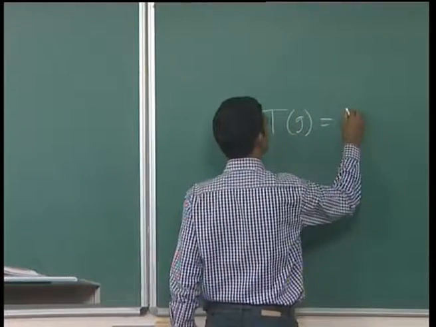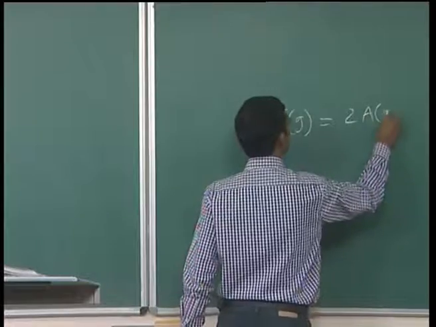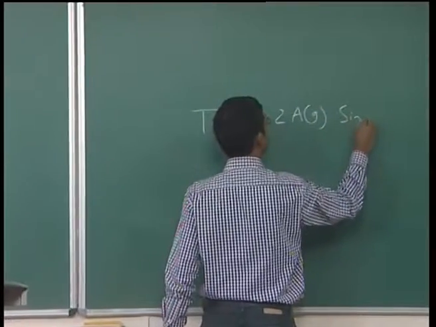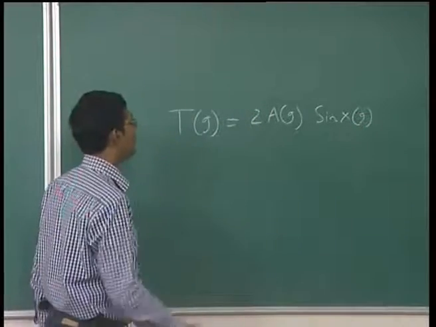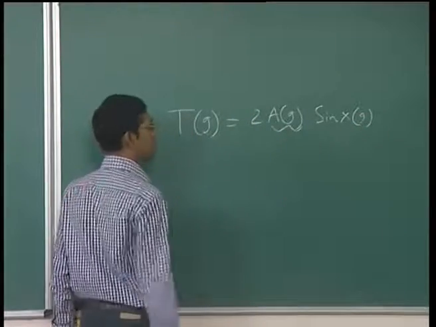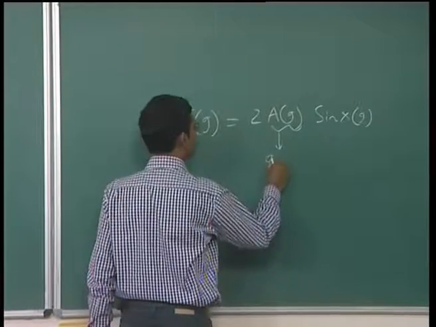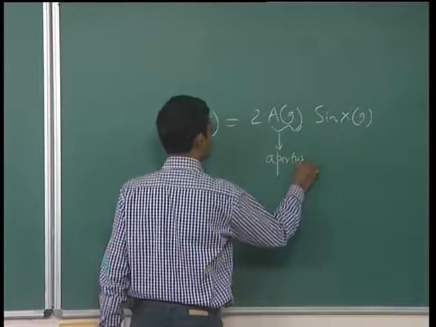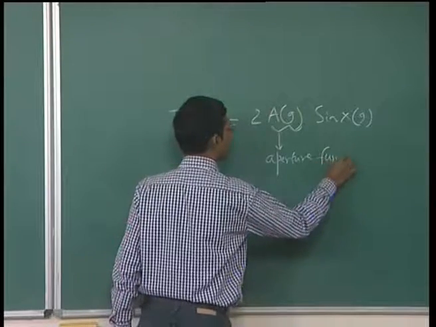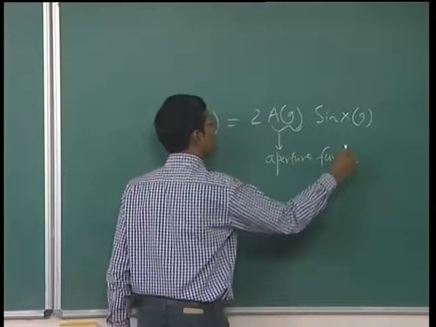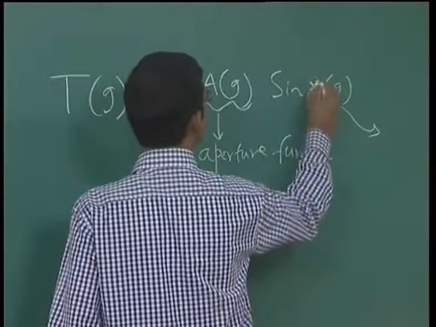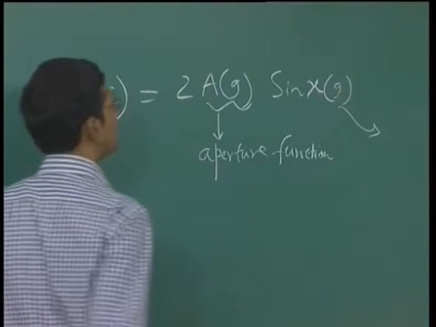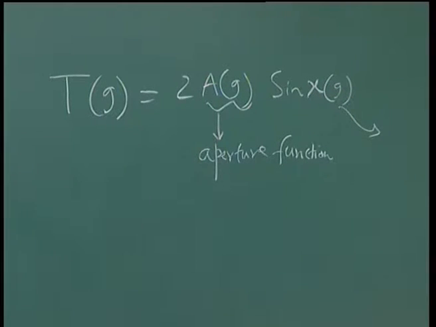Transfer function is equal to 2, where the first factor, as a function of z, is the aperture function, and this is a strong function of g, and psi is the angular factor which comes into play.